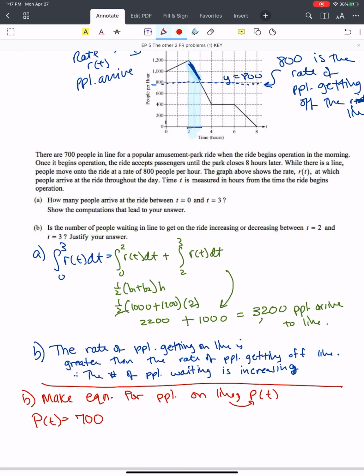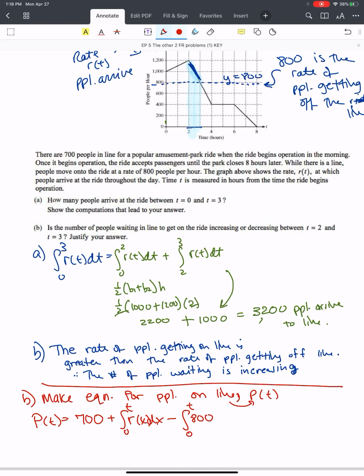So there's 700 people plus, these are the people getting on the line, from 0 to whatever. I can't use T again, so I'll just use X. It really doesn't matter. dx minus. And then the people getting off that line, because they're getting onto the ride, is from 0 to T, and that's at a rate of 100.